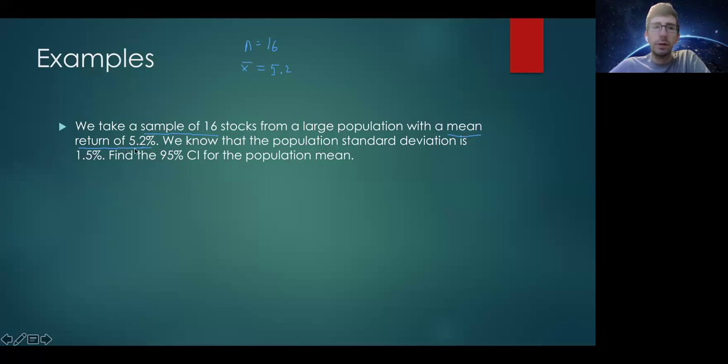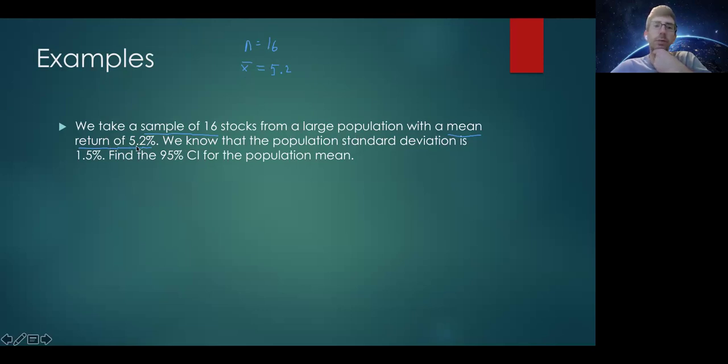We could have been given this in dollars, but because we're told it's a mean return of 5.2%, we know we're talking about a sample mean. The return, the amount of money you made in percentage form, could have been any continuous variable. We're not given a categorical variable here, like: did it have a return or did it lose money, yes or no?